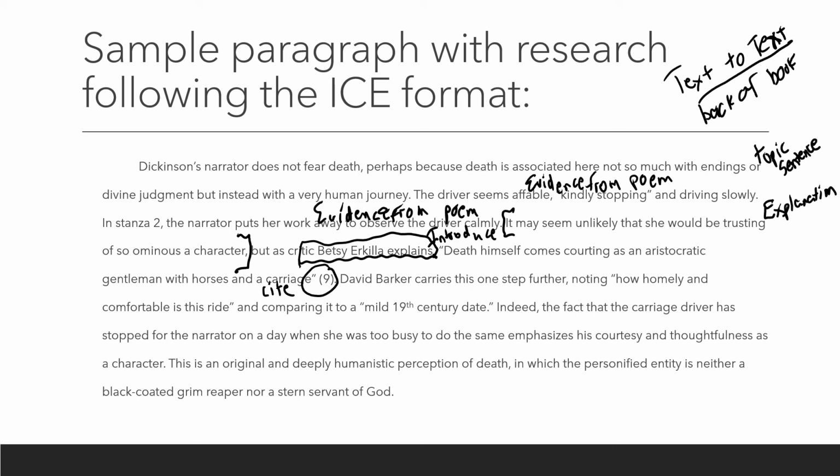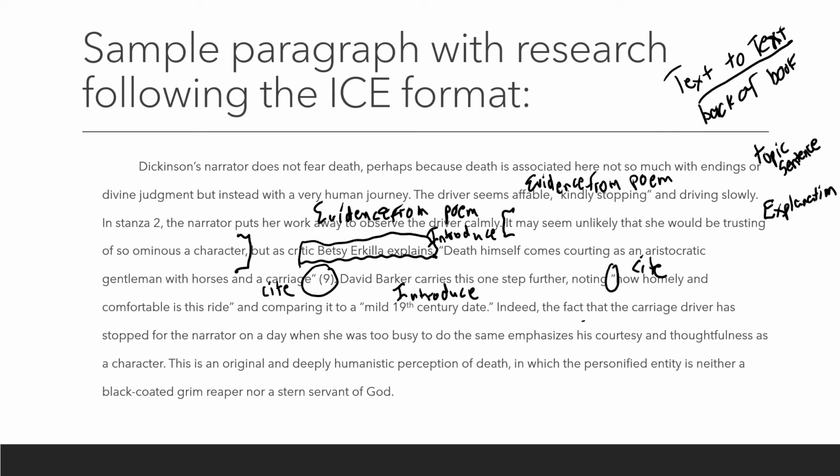David Barker carries this one step further, noting, quote, how homely and comfortable is this ride, and comparing it to a mild 19th century date. So, introduce. He carries this one step further. And then here's the citing.